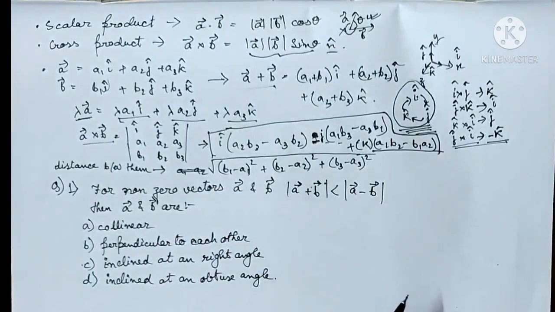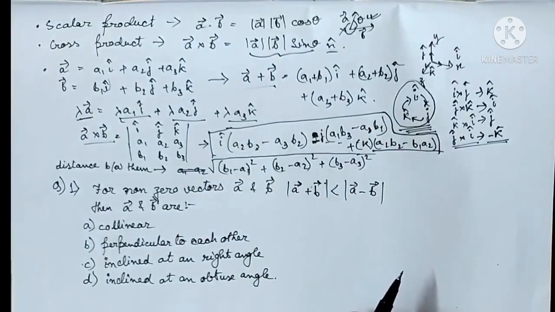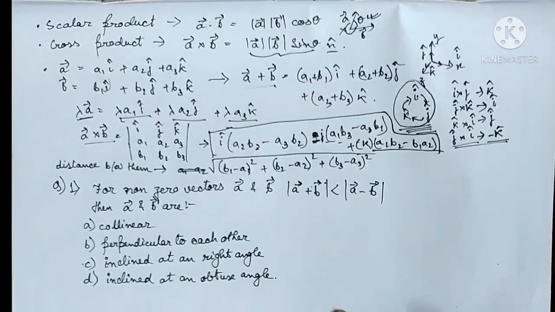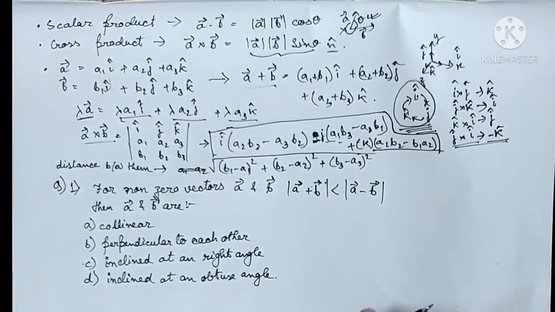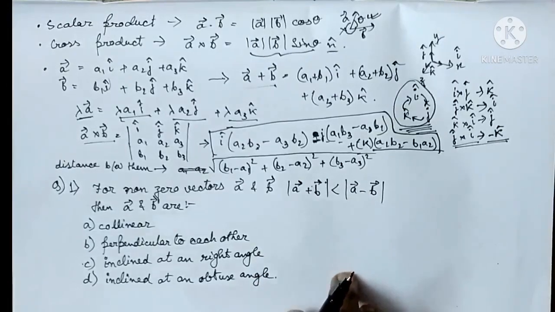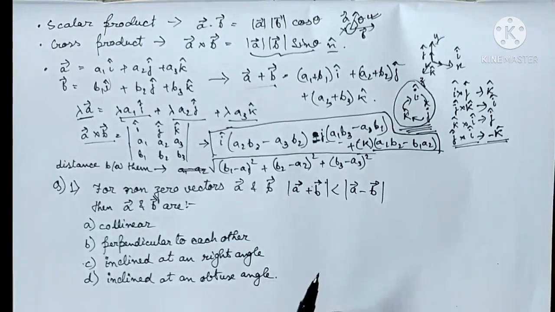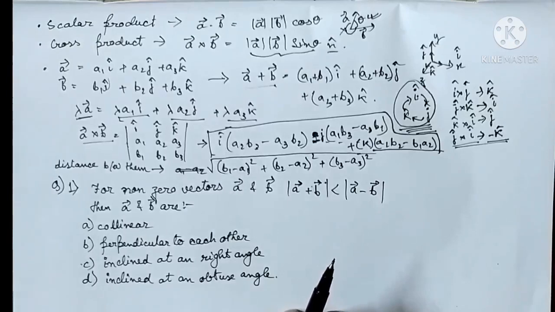I think you get it, and if you don't get it, don't hesitate. We will learn it later on, but for now you must remember some of the formulas. If you have any problem, you can ask in the Telegram group. Now we are going to do 3 questions on it, and I think it will be quite hectic for you, but we don't have much time, so we have to do it.